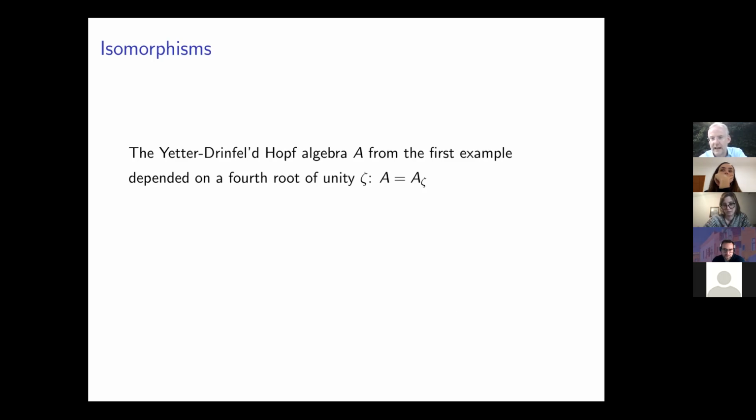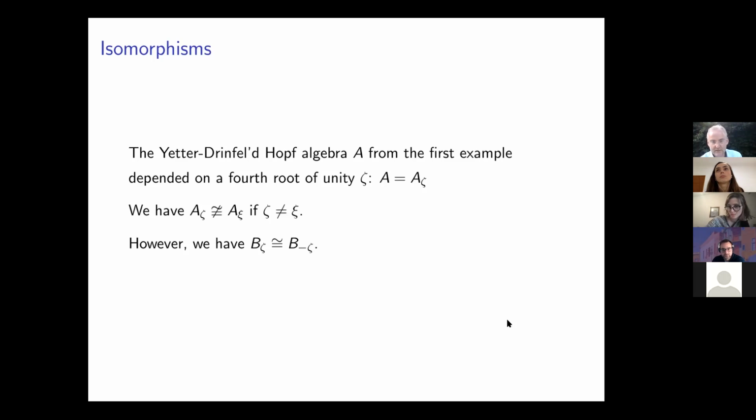I will denote A by A zeta. And then it turns out that we get different Drinfeld Hopf algebras if we pick different roots of unity. So if xi is a different root of unity, then these Drinfeld Hopf algebras are not isomorphic. However, it turns out that B zeta is always isomorphic to B negative zeta.